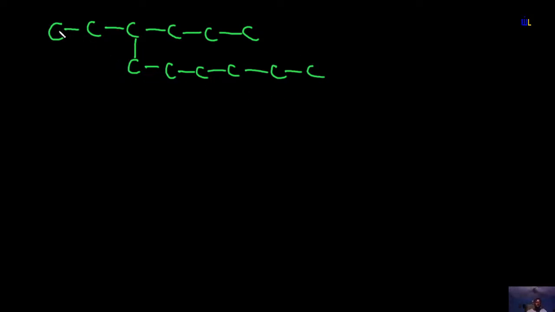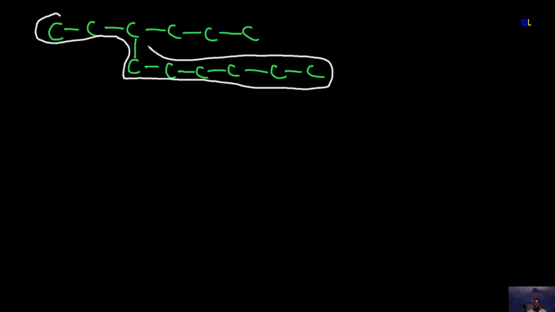So let's count from carbon end to carbon end. So let's start counting. This is 1, 2, 3, 4, 5, 6, 7, 8, 9. Now I'm going to separate this parent chain so that we can see it clearly. Now if you count, you have 1, 2, 3, 4, 5, 6, 7, 8, 9.